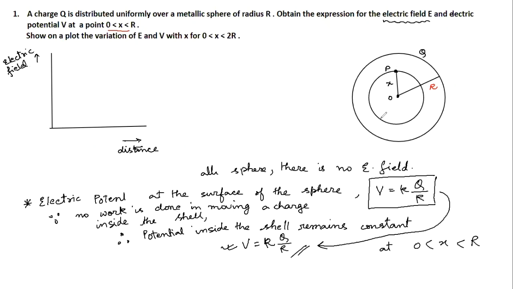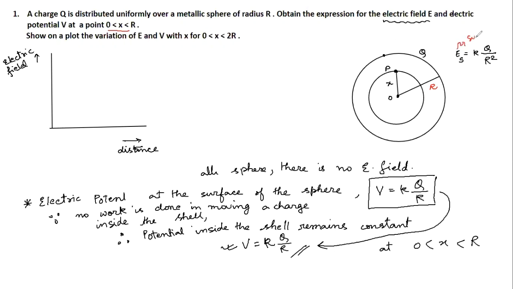Since we don't have any electric field inside the shell, but at the surface, let's say a point somewhere here, if we are asked what will be the value of electric field at the surface, at the surface, let's say E suffix x, we will have this much amount of electric field, kq by capital R square.